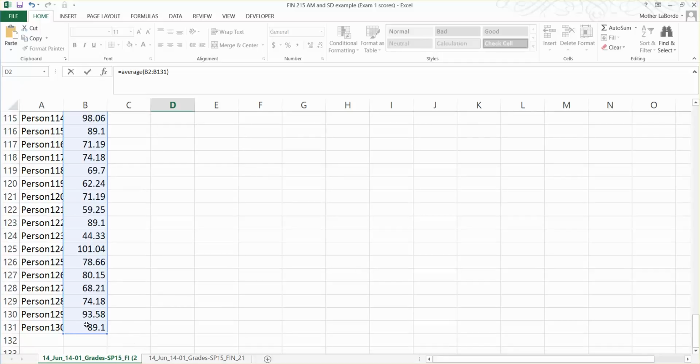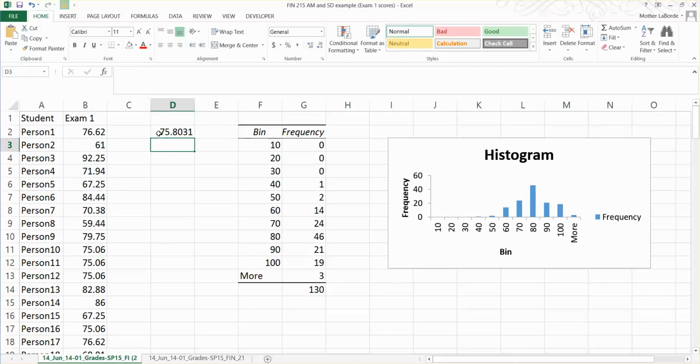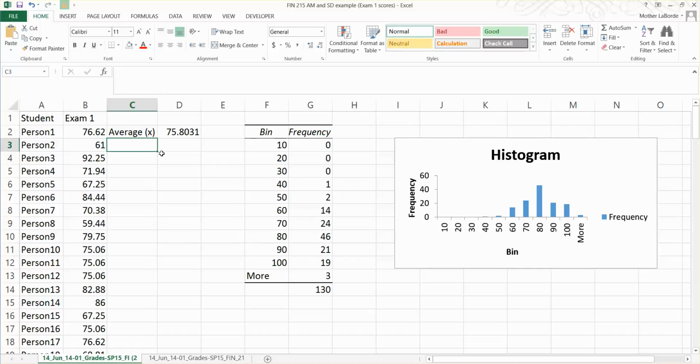When I press enter, what Excel is going to do is sum all the test scores in column B, and then divide by 130 because that's how many I had. And here is my average. A lot of times in statistics, they'll write that as an X with a bar over the top. I can't easily put the bar over the top when I'm typing, though.